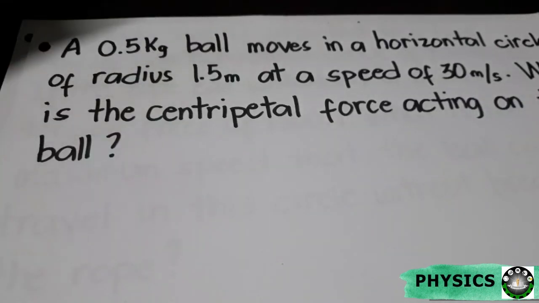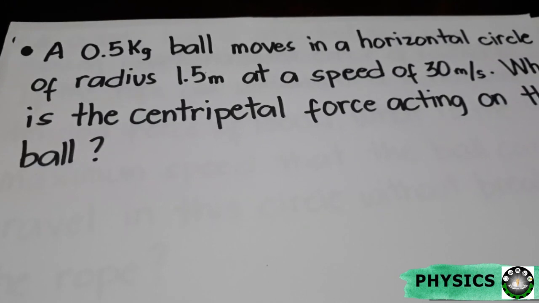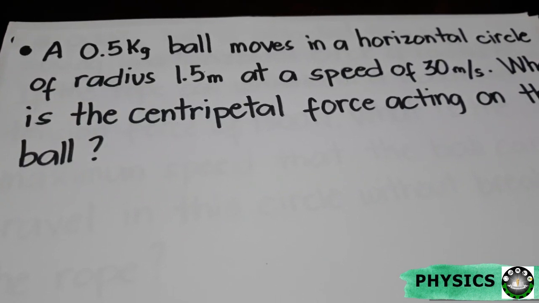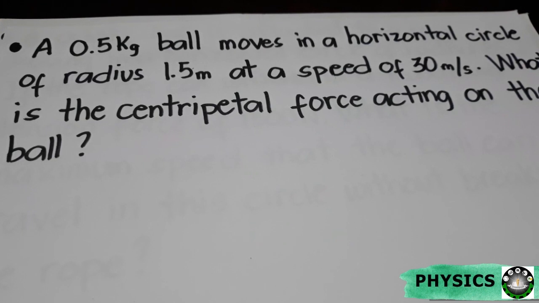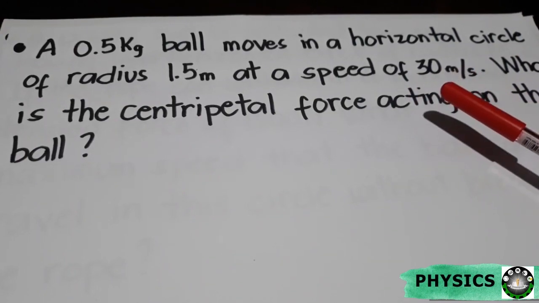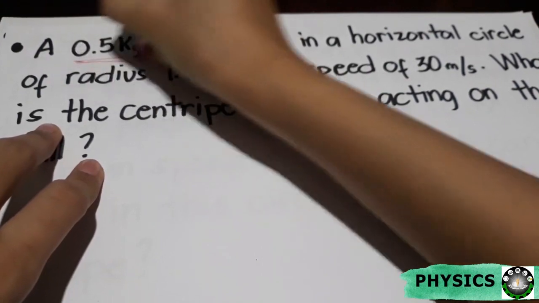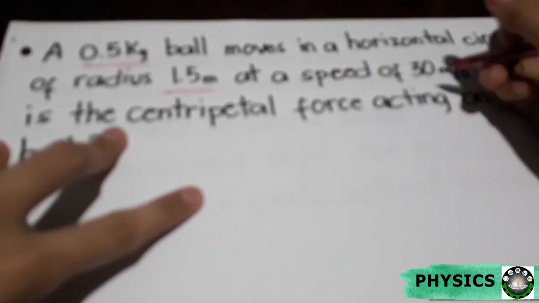For example, a 0.5 kilogram ball moves in a horizontal circle of radius 1.5 meter at a speed of 30 meter per second. What is the centripetal force acting on the ball? So here we have a mass of 0.5 kilograms. We also have its radius and the speed.